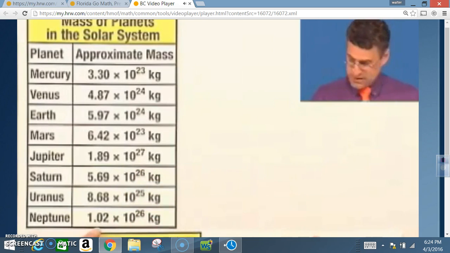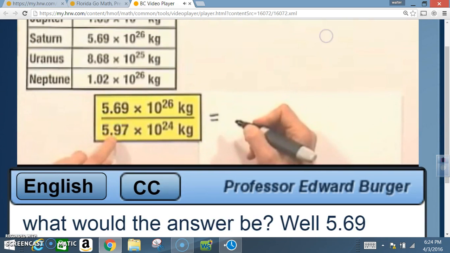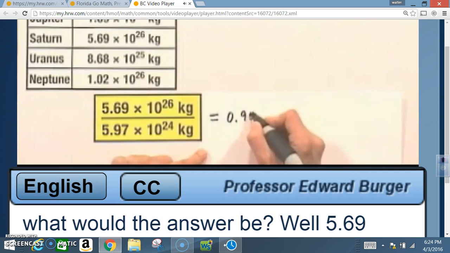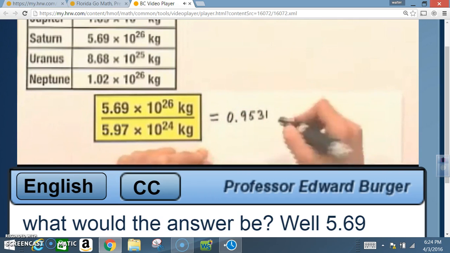So what would the answer be? Well, 5.69 divided by 5.97 is equal to 0.9531 and so forth. It keeps going, so I should put approximately.